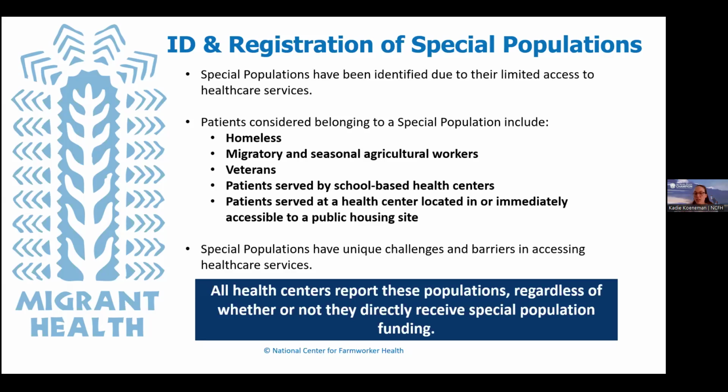On the slide here, you can see a list of patients considered belonging to a special population: homeless or unhoused, migratory and seasonal agricultural workers, veterans, patients served by school-based health centers, and patients served at a health center located in or immediately accessible to a public housing site. It's important to identify all members of special populations, whether or not you receive direct funding to serve that special population.